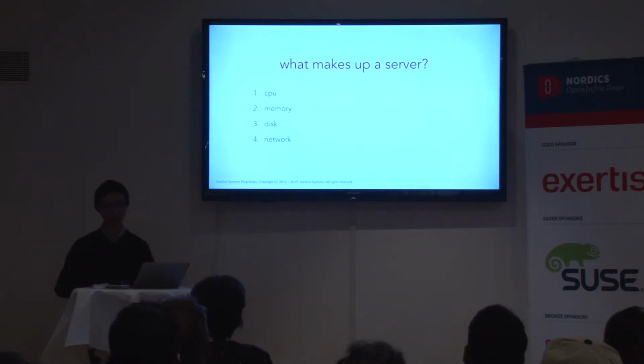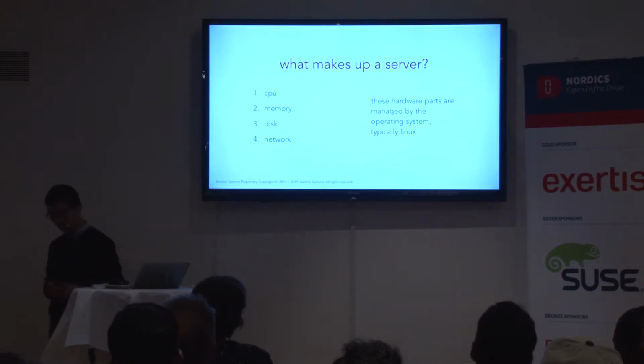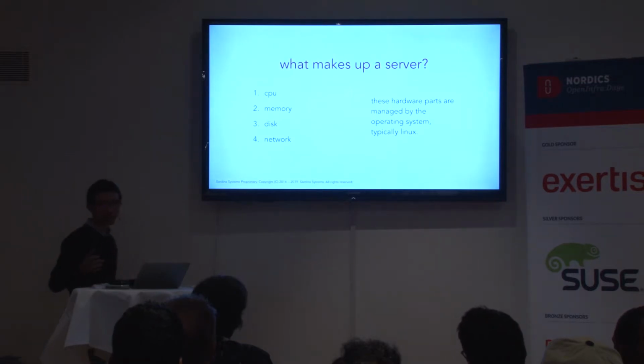So what makes up a server? Only 4 things: CPU, memory, disk, and network. Yeah? And today I'm not going to deal with disk and networking, simply because we don't have time. These parts, CPU, memory, disk, and network, are already managed by the OS. Yeah?